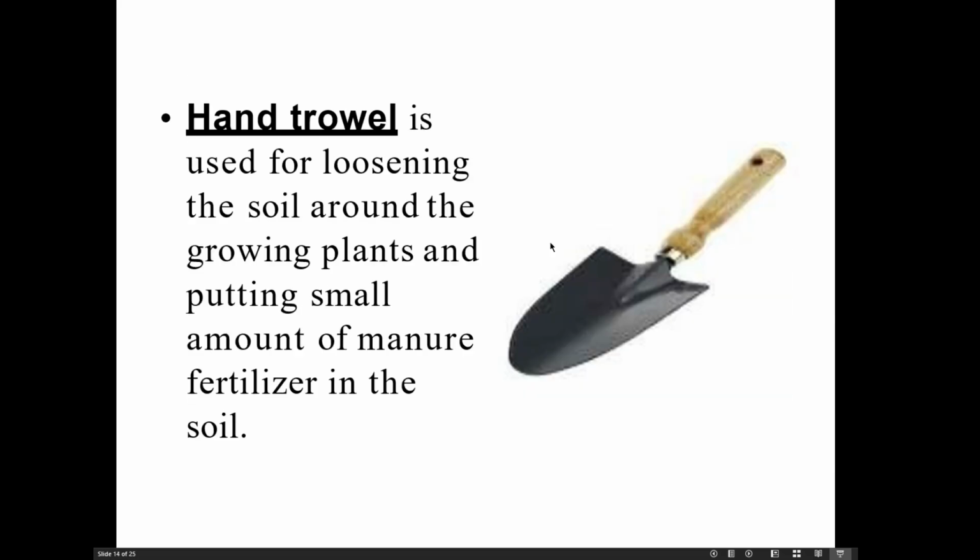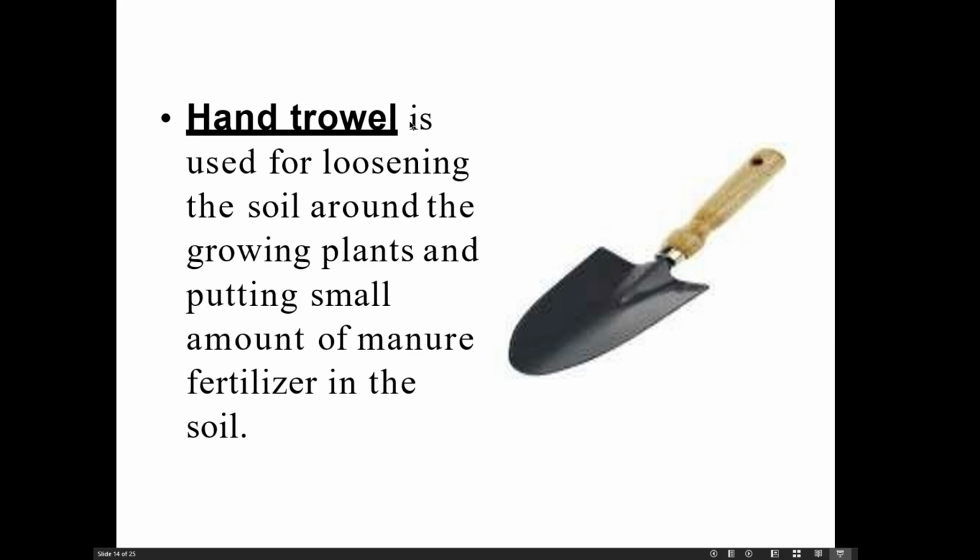Next, we have the hand trowel. Ayan, usually, ito yung meron kayo sa bahay nyo. Ito yung pinaka madaling i-acquire or madaling mabili or mostly available itong hand trowel kasi sobrang convenient niya gamitin.